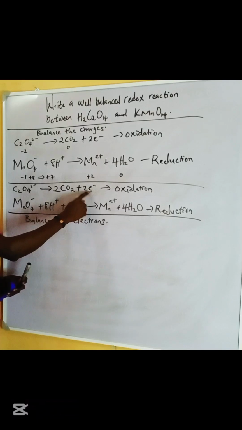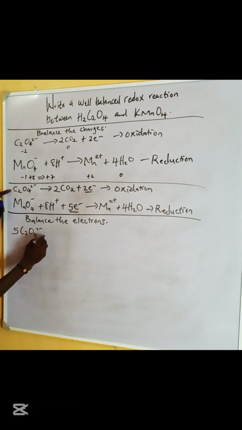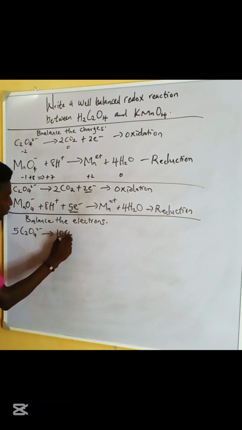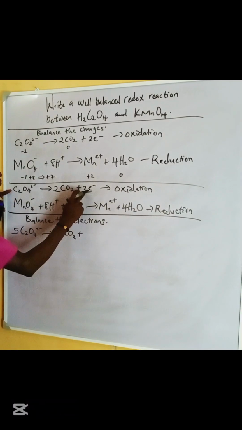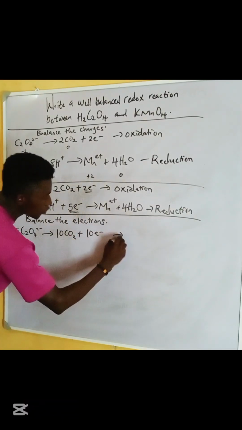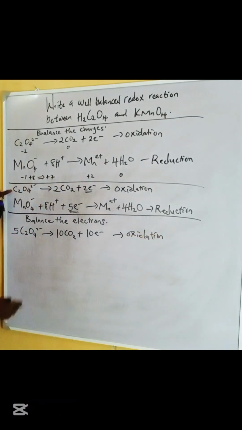Alright. So I'm multiplying this by 5. C2O4 2- to form 5 times 2 is 10 CO2 plus 5 times 2 is 10 electrons. That is my oxidation. Then this reduction, I'll multiply everything by 2.